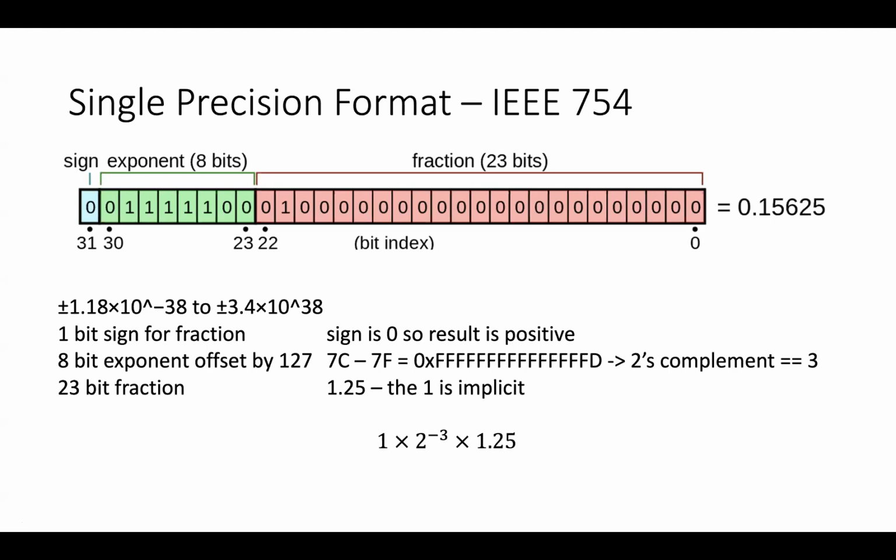This is like scientific notation. It is scientific notation, but in base 2 rather than base 10. So here, this is the halves place. This is the quarters place. This is the eighths place, 16ths, 32nds, 64ths, and so on.